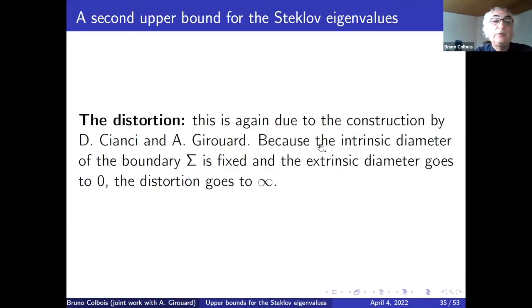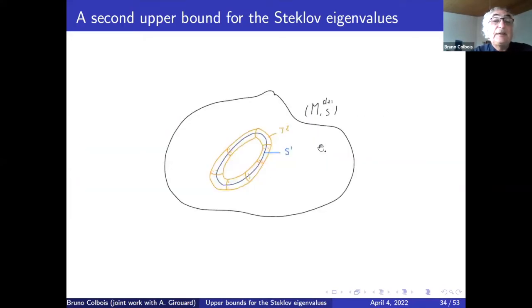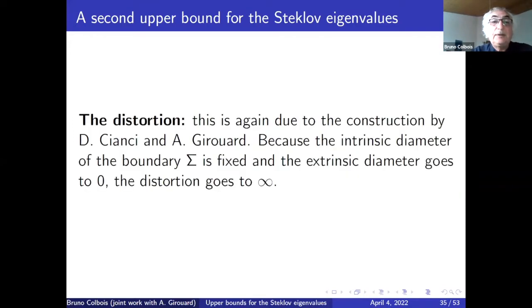It goes to 0. And so it's exactly the same example. For the distortion, this is again the example by Colbois and Girouard. I have just to say that it affects also the packing constant when we do such a deformation.